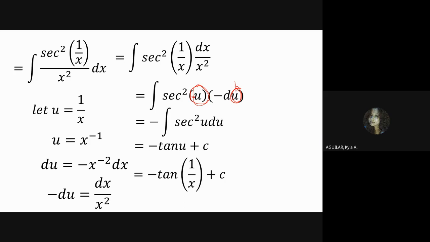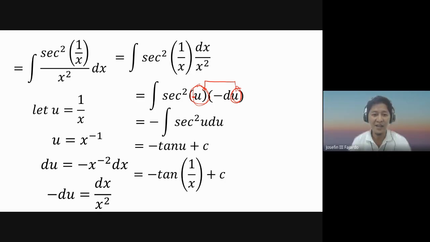So, tandaan natin na dapat parehas yung argument at saka yung differential. Maiba lang yan ng sign, hindi na siya uubra. Yung ating formula na integral of secant squared u du, kung negative u du, hindi na siya tangent u plus C.